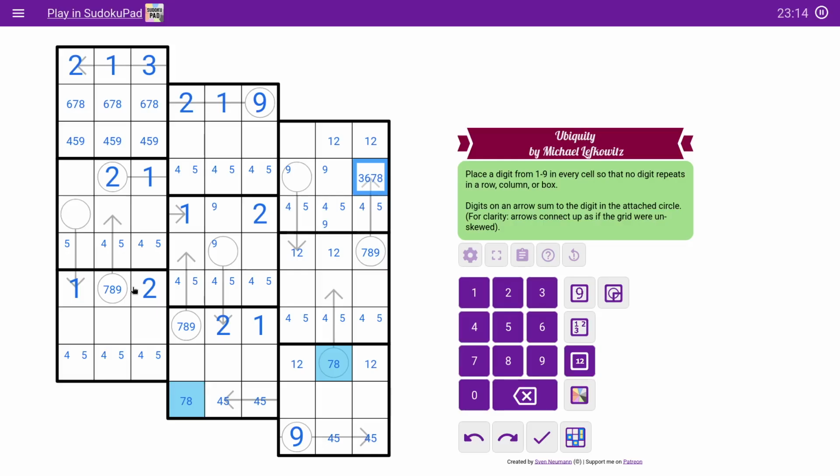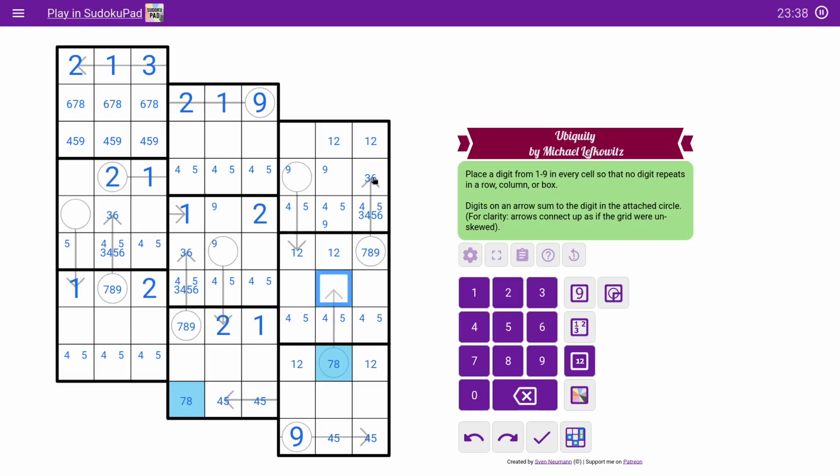I think this could be 3 or 6. We should be using the same reasoning on all 4 of those arrows. 3 or 6. 3, 4, 5 or 6. 3 or 6. 3, 4, 5 or 6.